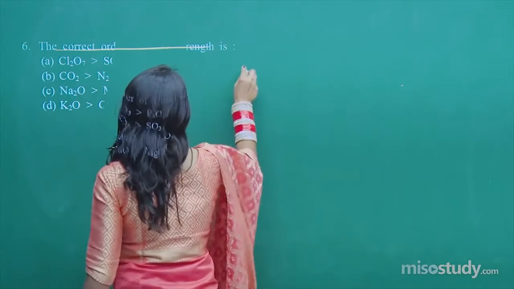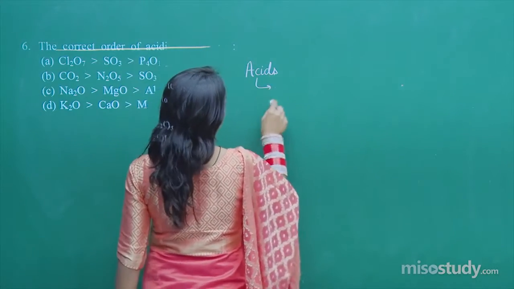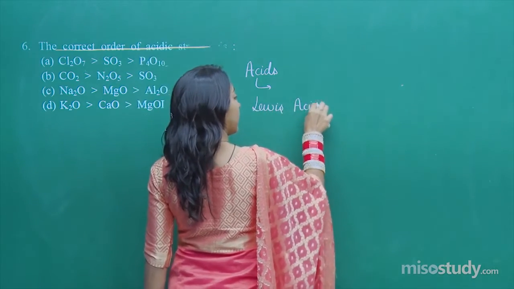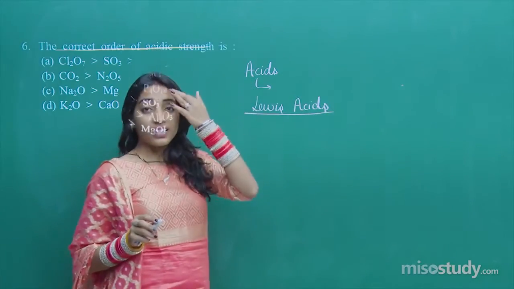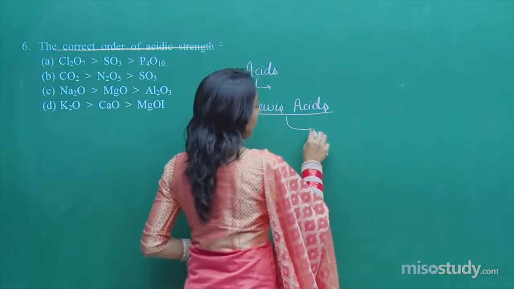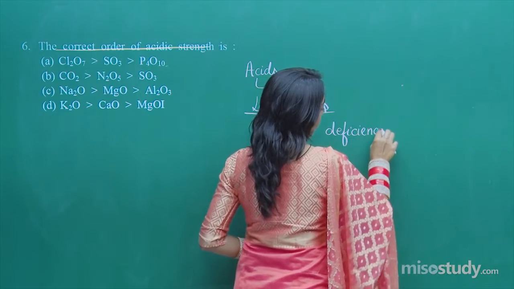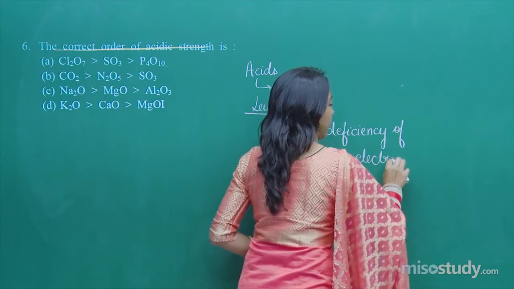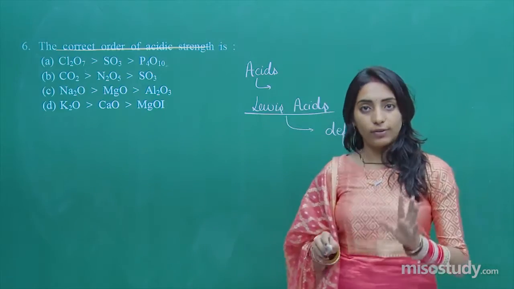So when I talk about acids, I can be talking about Lewis acids. And you know the definition of Lewis acids, right? Lewis acids are the ones which are having deficiency of electrons. So if there is deficiency of electrons, then they could be termed as Lewis acids, right?